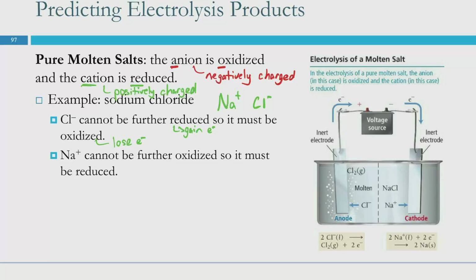And then on the other hand, we've got sodium, Na+, can't be further oxidized, right? Can't lose more electrons because it's already gotten down to its noble gas configuration, but we could give it another electron.